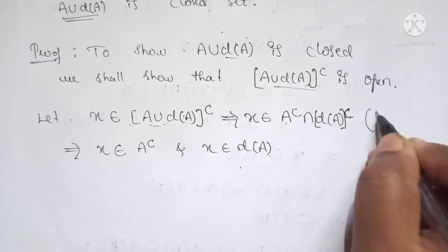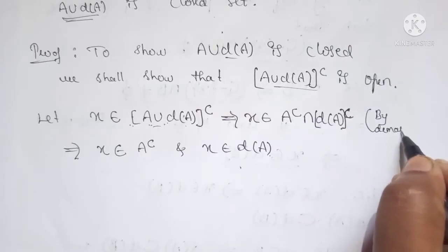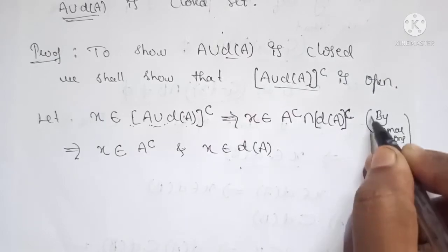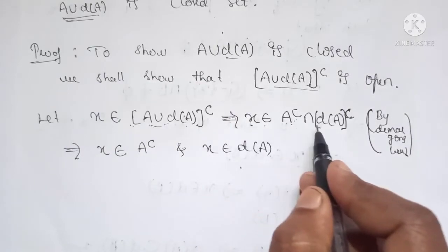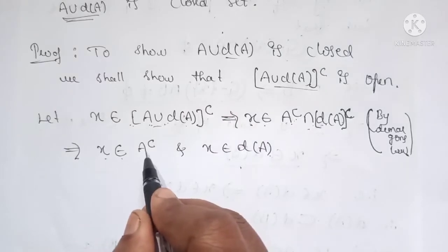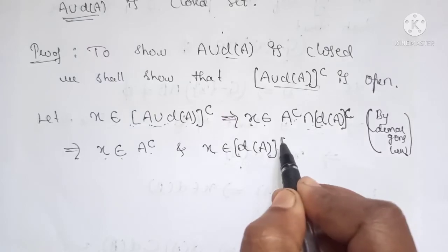So this is by De Morgan's law, and we get x belongs to A complement intersection D complement. So therefore we can say that x belongs to A complement and x belongs to the complement of the derived set of A.